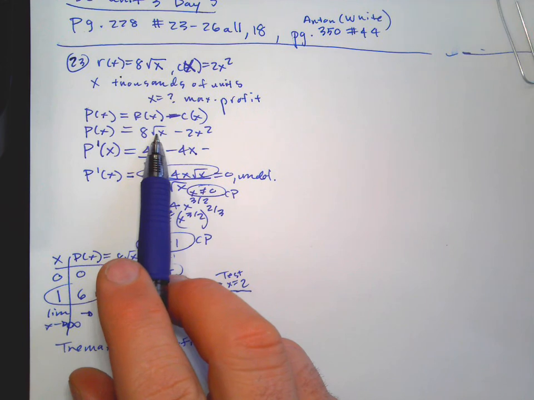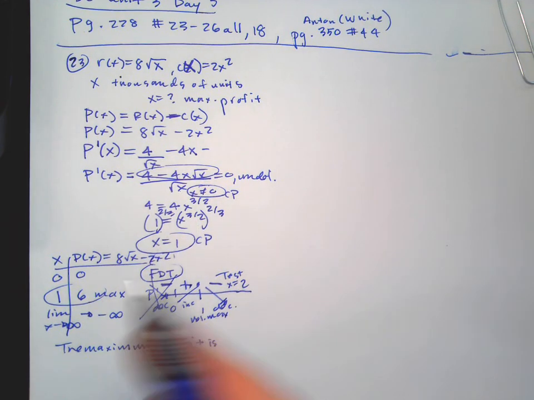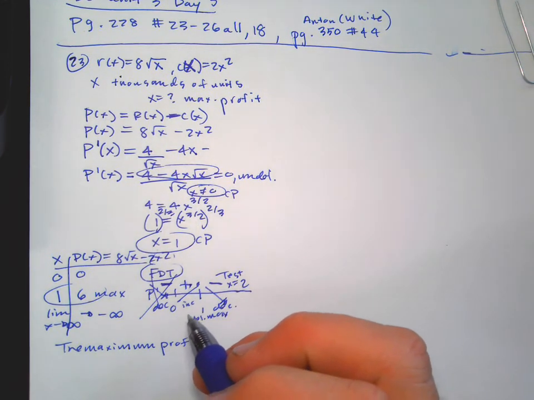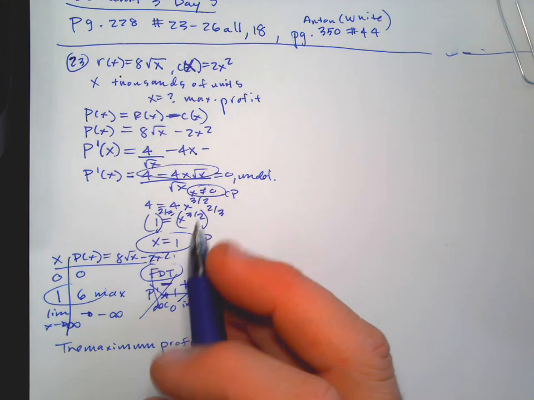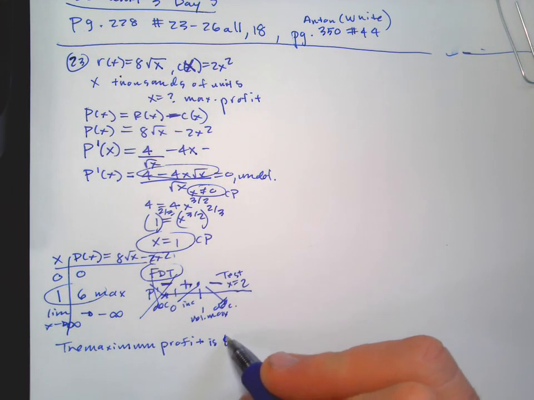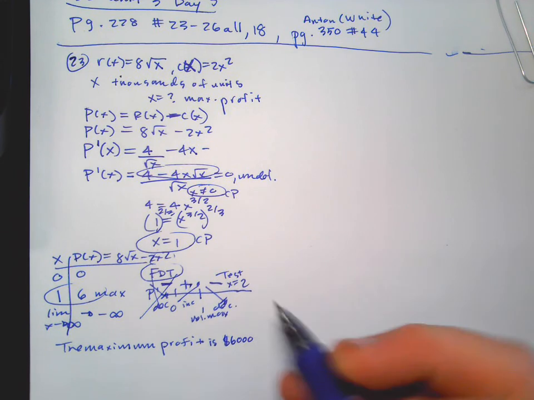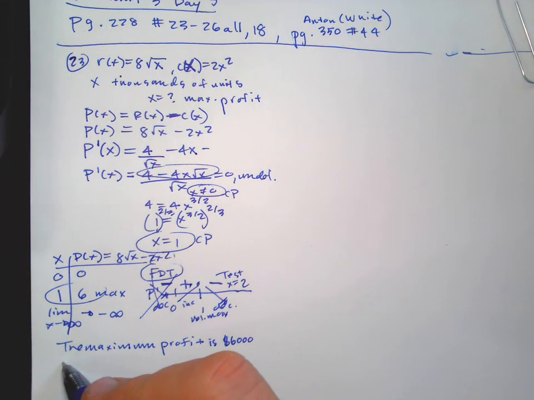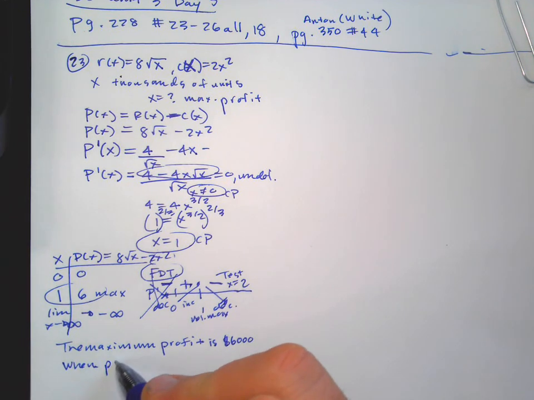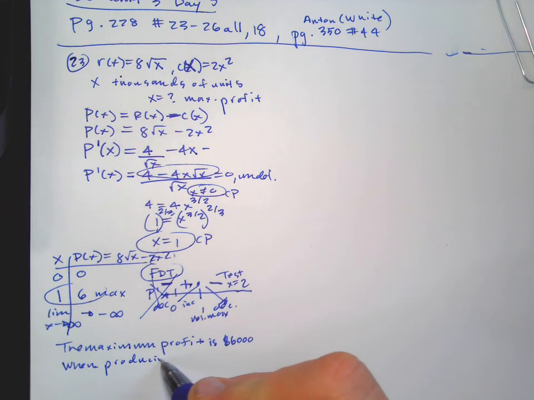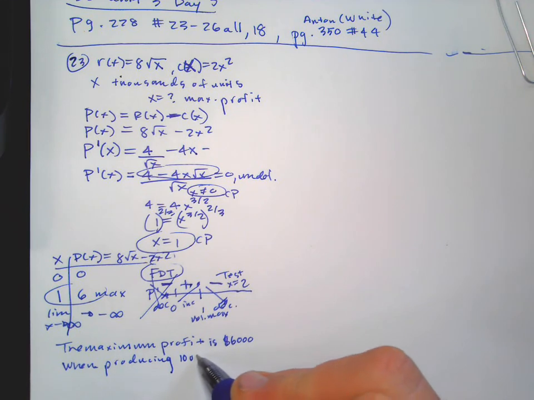So if you plug 1 in, you get 6. And that's 6,000, because x is thousands. So maximum profit is $6,000 when producing 1,000 units.